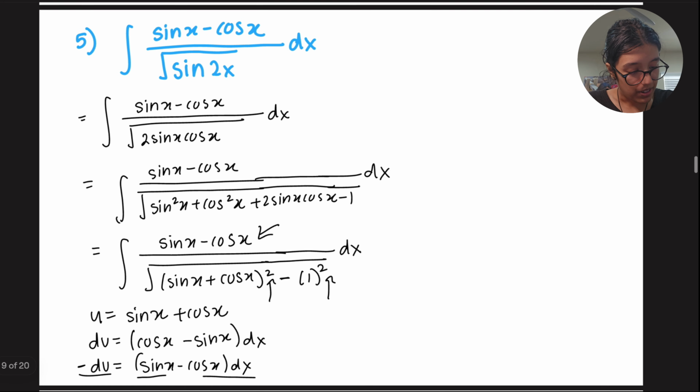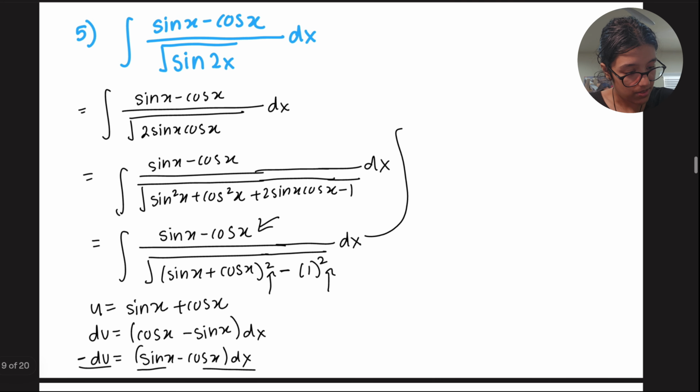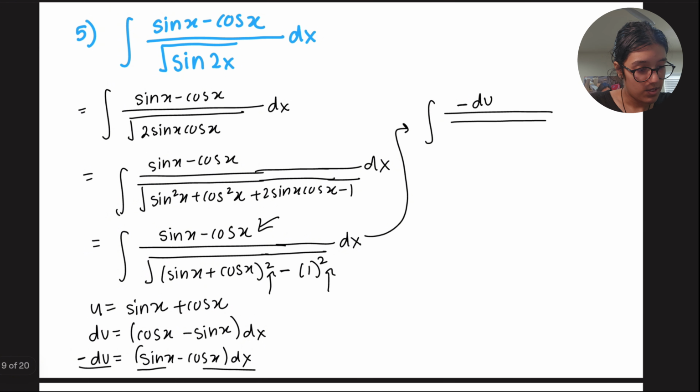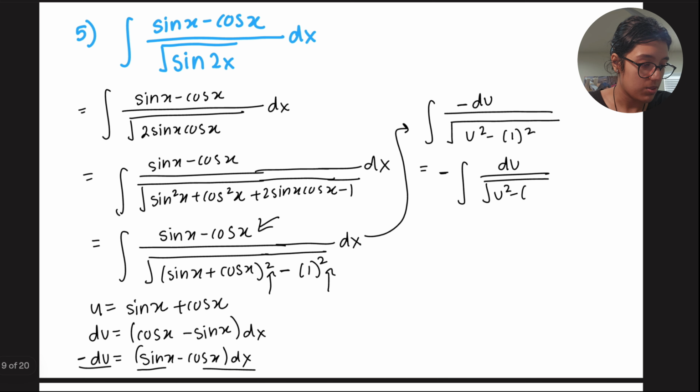So we can rewrite this right over here as integration. We already said that the numerator was minus du over square root of u squared minus 1 squared. And let's just take this minus out. We're left with minus integration of du over square root of u squared minus 1 squared.